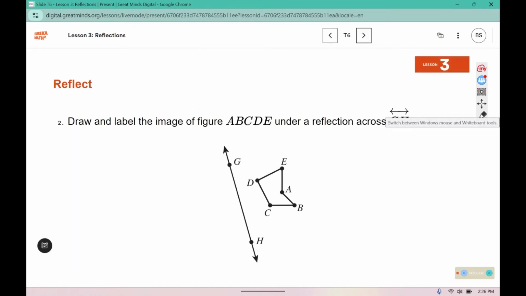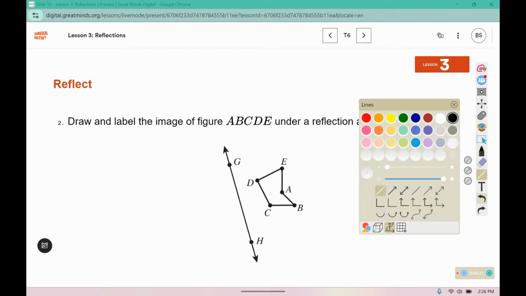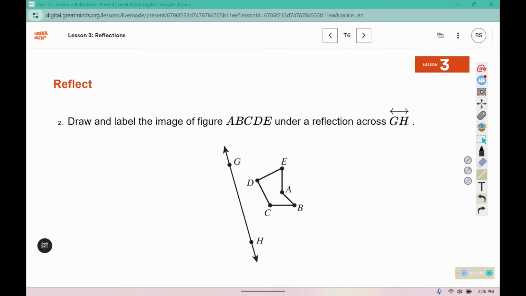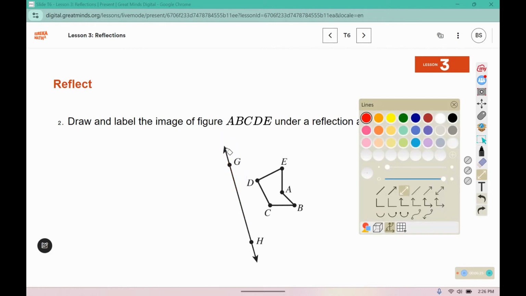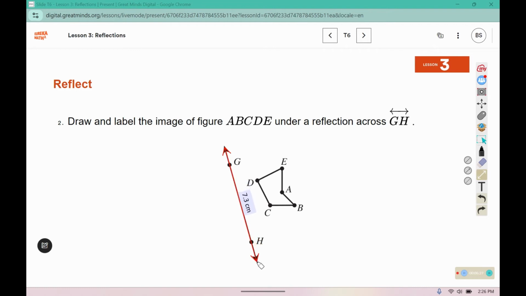Draw and label the image of figure ABCDE under a reflection across GH. We're going to start by tracing on our tracing paper the line of reflection and the figure.